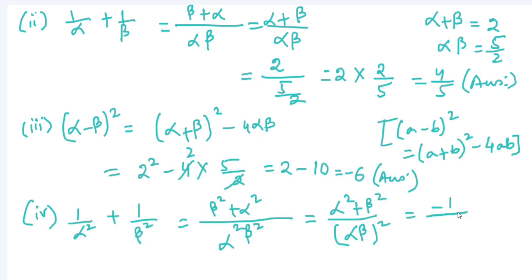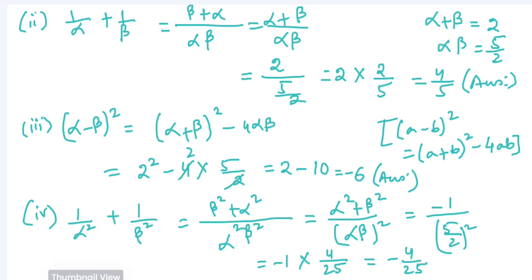That is minus 1 by alpha beta, which is 5 by 2, whole square. So, which is becoming minus 1 into 4 by 25, because 5 square is 25, 2 square is 4. Now, we have to take the reciprocal of it. So, it's coming minus 4 by 25. Okay. So, this is the answer of part 4.